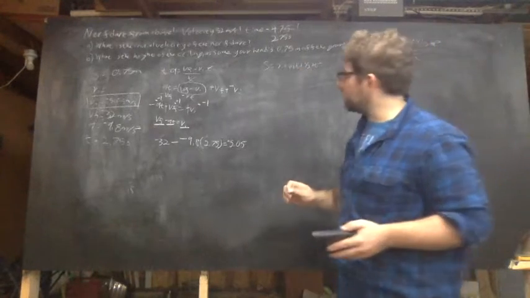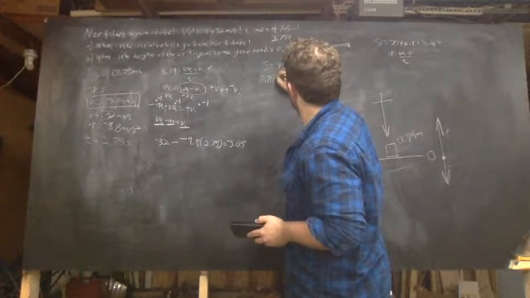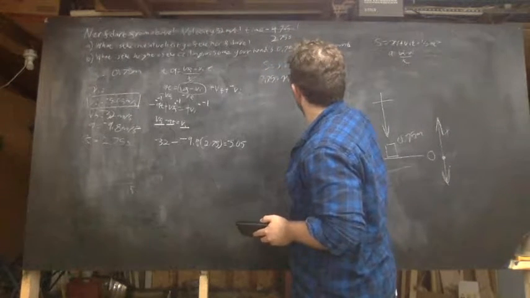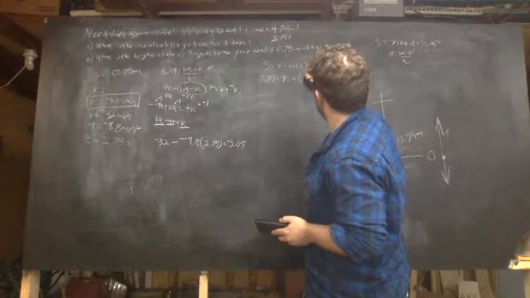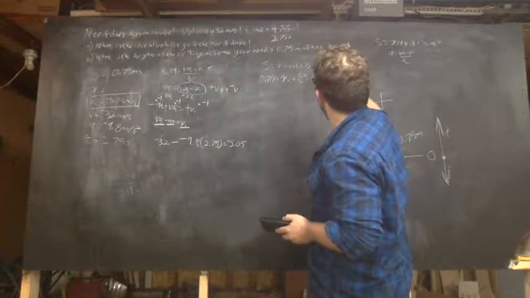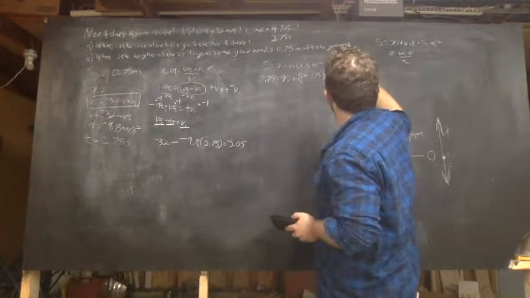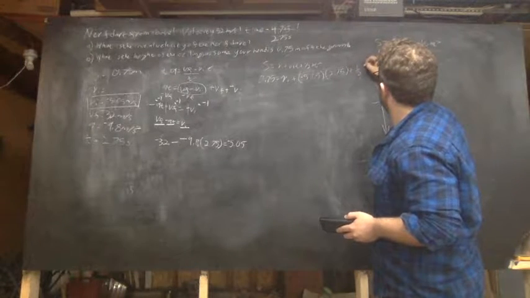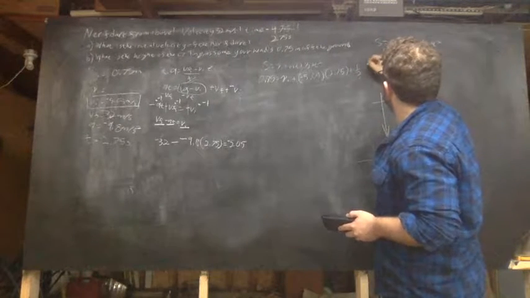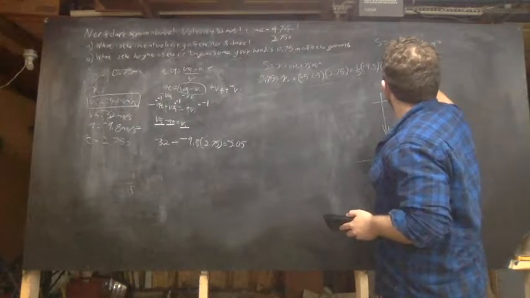So let's insert our numbers and see how this works. It's going to be vi is a negative 5.05 times 2.75 plus a 1/2 negative 9.8 times 2.75 squared.